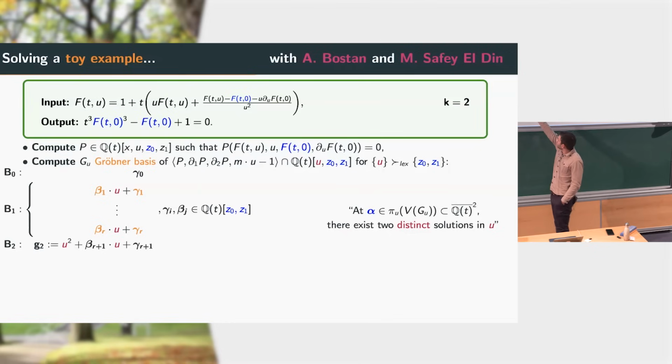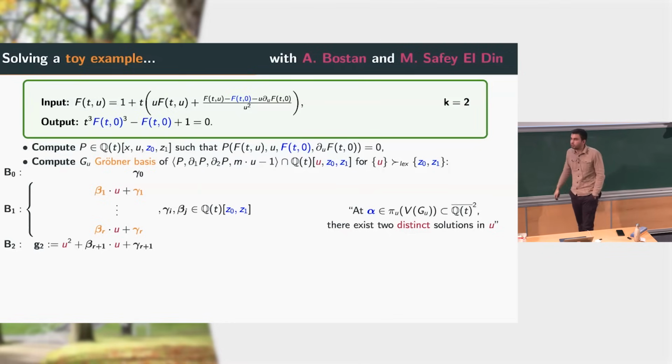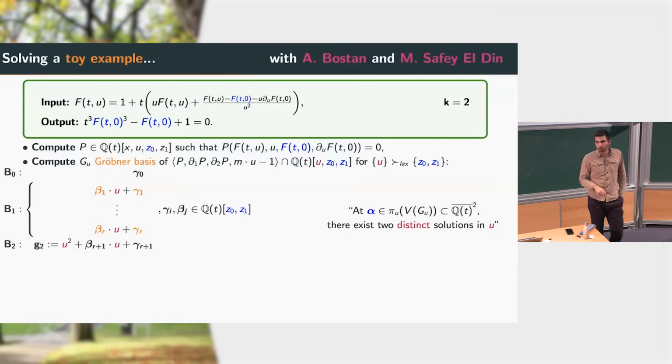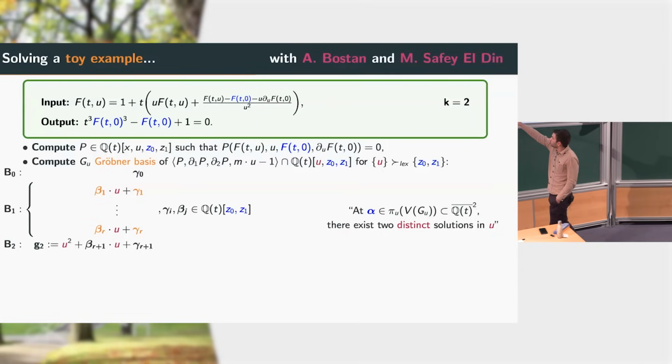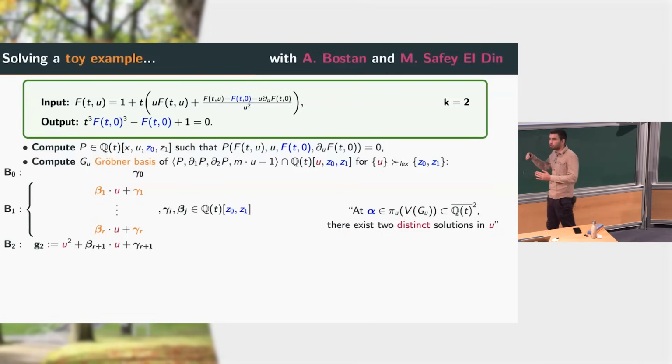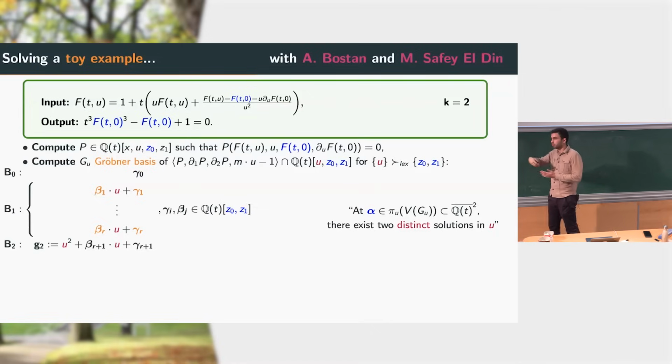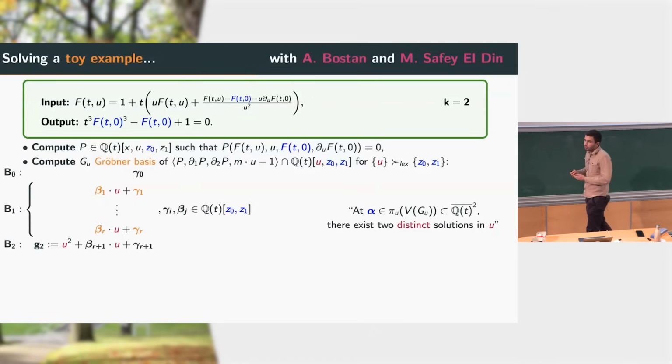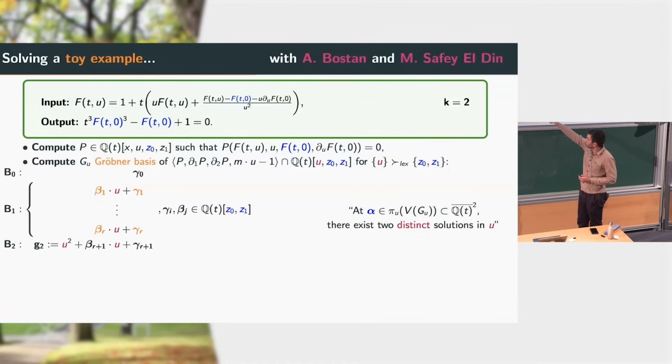Then it means that beta 1 here will not be equal to 0 also. So the first polynomial will have at most one solution with respect to u, and so you cannot have, for a common solution, at least 2 points in u.